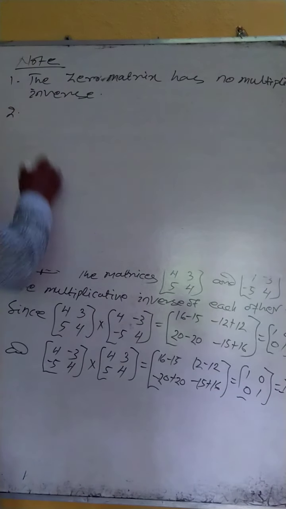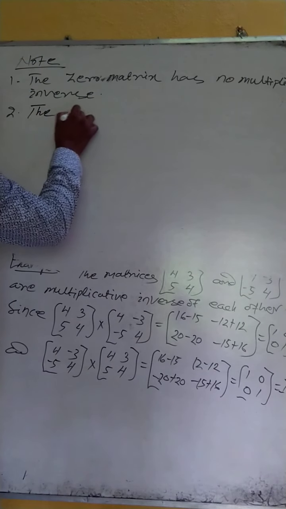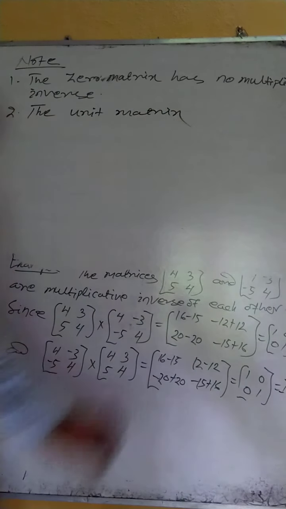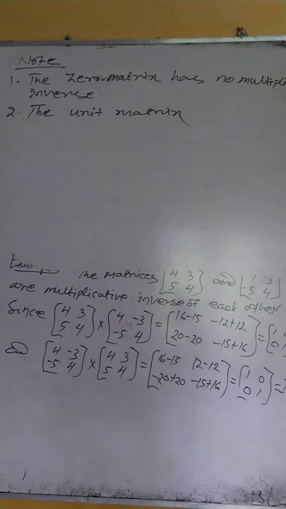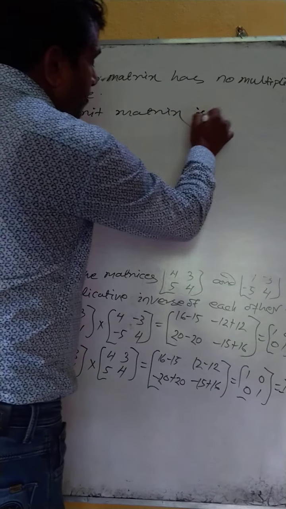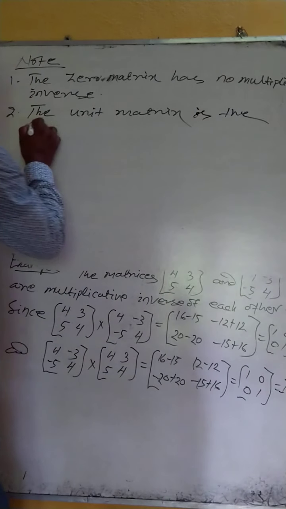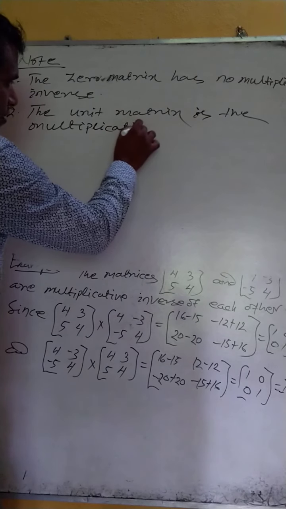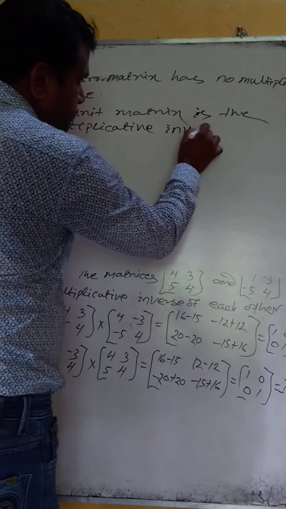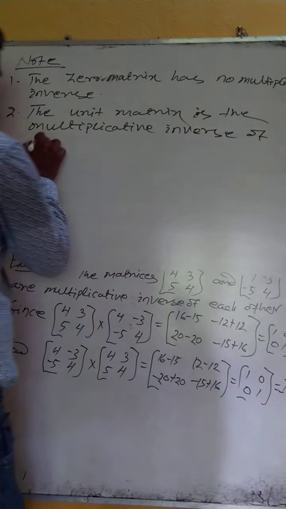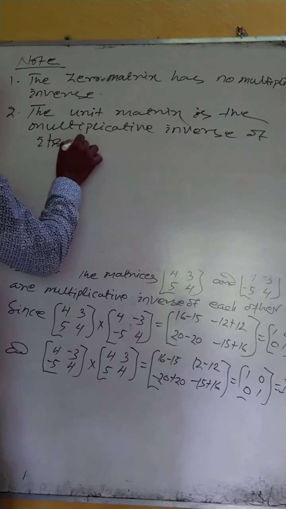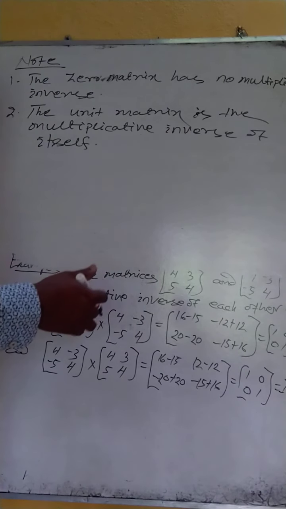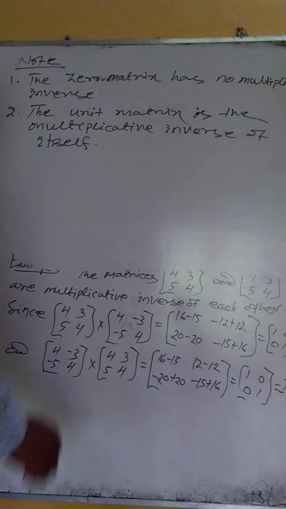Similarly, in matrices, the unit matrix is the multiplicative inverse of itself. That means a unit matrix multiplied by a unit matrix equals a unit matrix.